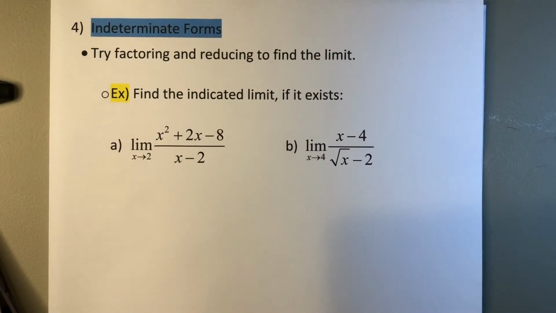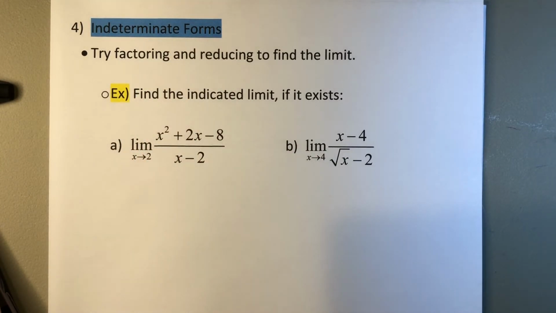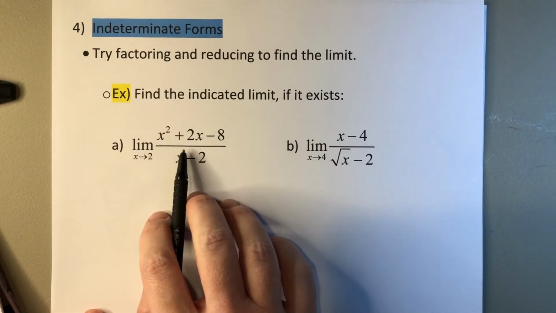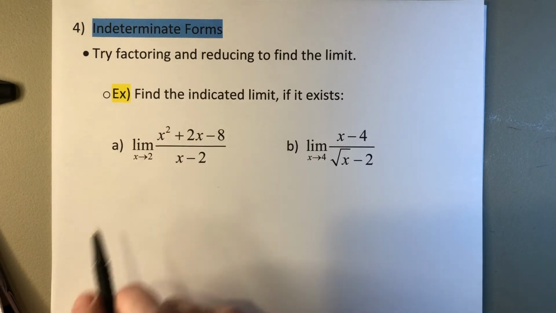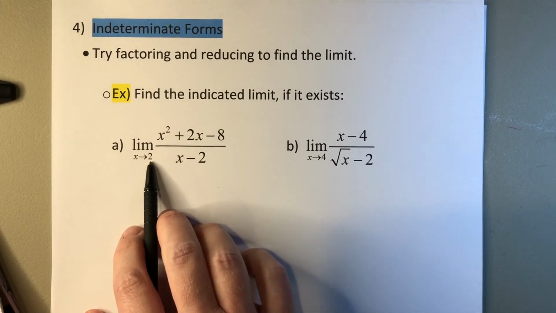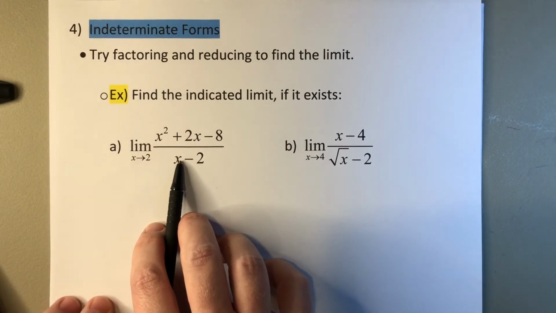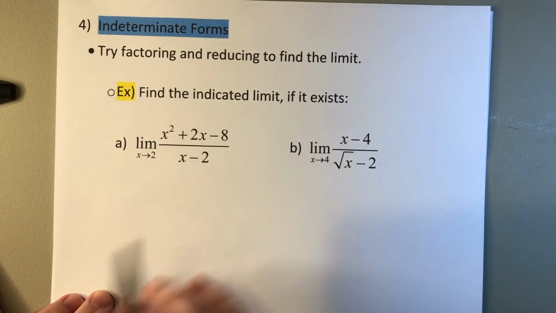All right, another type would be that of indeterminate form. So if we have a situation where we're looking at a limit of a rational function like this, and if you replace the 2 into every x, just like we did in the previous examples, you do not get a real defined answer.